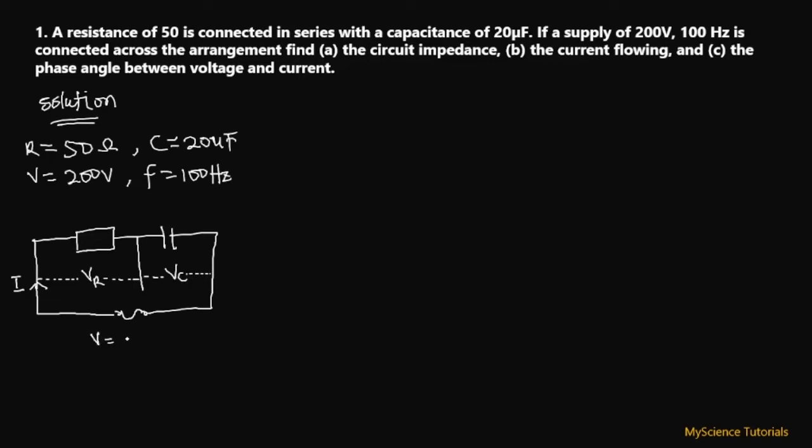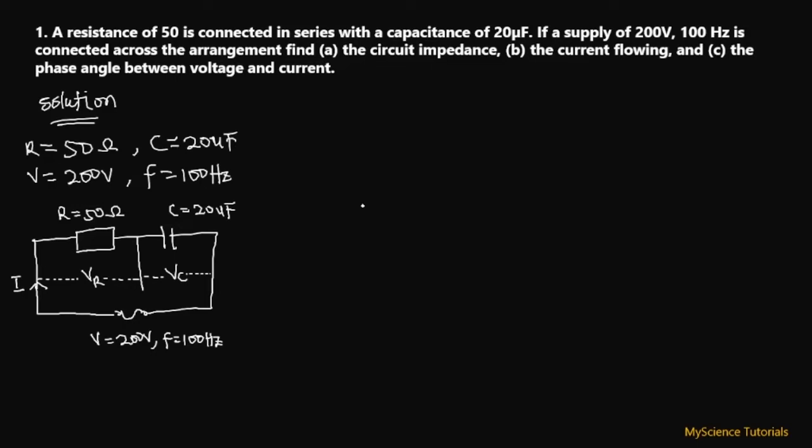Then we have our voltage given to us to be 200 volts with 100 hertz frequency. Then we have our capacitor having a capacitance of 20 microfarad, and our resistor having a resistance of 50 ohms.